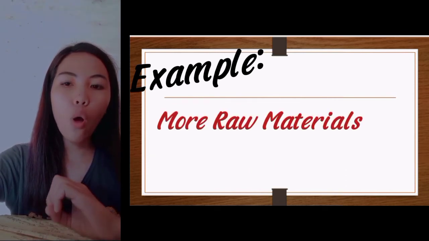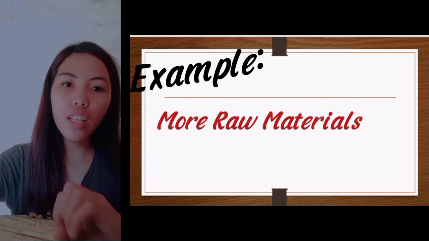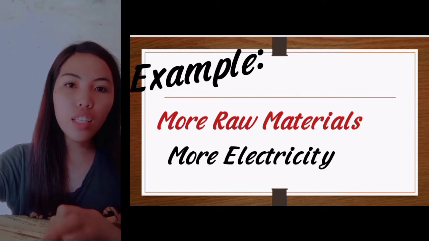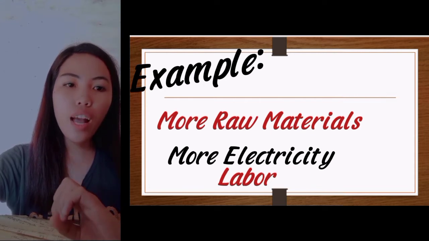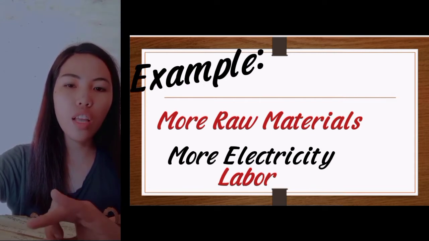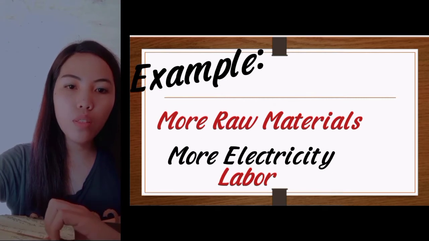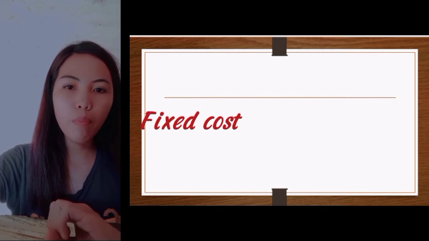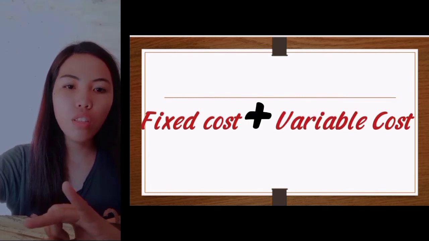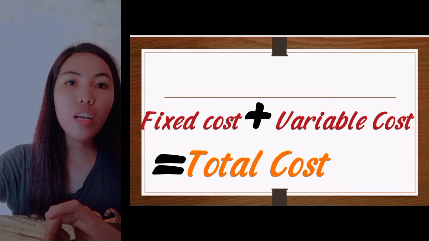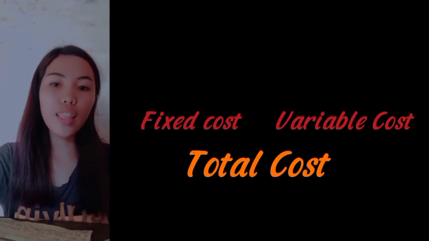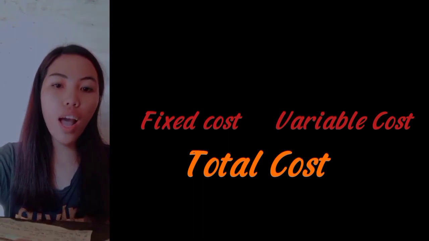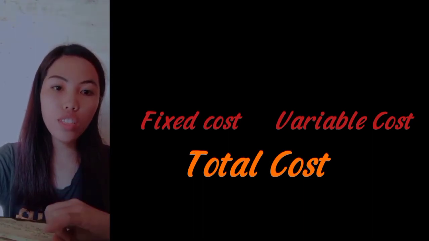So the raw materials increase, plus the electricity, and then labor. So, raw materials, electricity, and labor are all examples of variable cost, so that the two types of cost, the fixed and the variable cost, must equal the total cost. So we know that the total cost comes from the fixed cost and the variable cost.